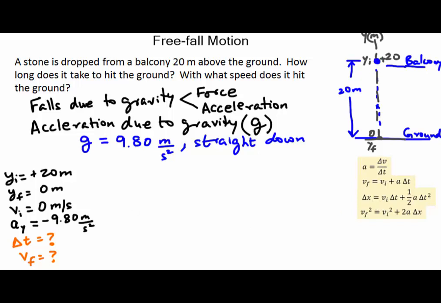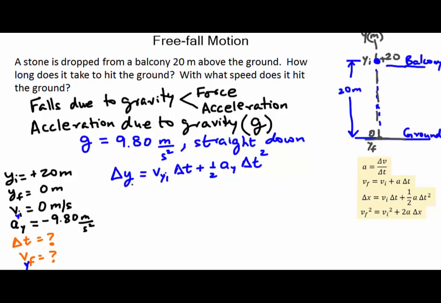And in our case, this third equation translates to delta Y equals VYI delta T plus 1/2 AY delta T squared. And as I said before, these are VYI and VYF, even though I didn't specify them when I first wrote them.